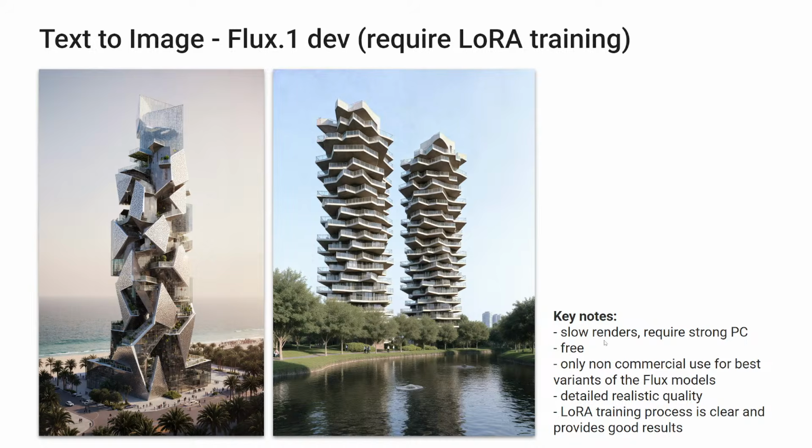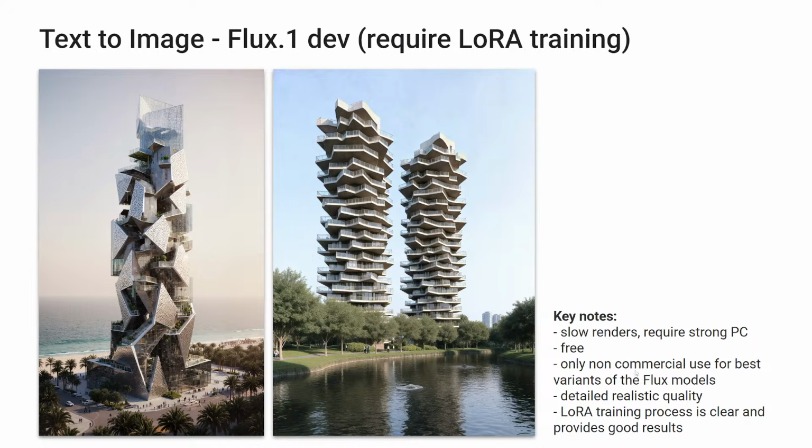And this is important: depending on your Flux model, it could be non-commercial use. For example, if you use the Flux 1 dev model, it's non-commercial. If you use Flux 1 Schnell, it's for commercial use. And there are other models, so you need to check every time which exact model you use, and whether it's possible to use inside of your office or not, or just for tests, or for research work you probably can use them.